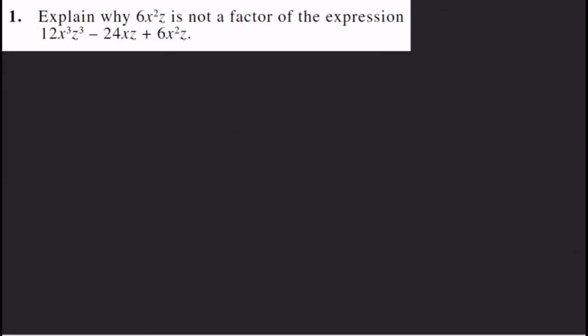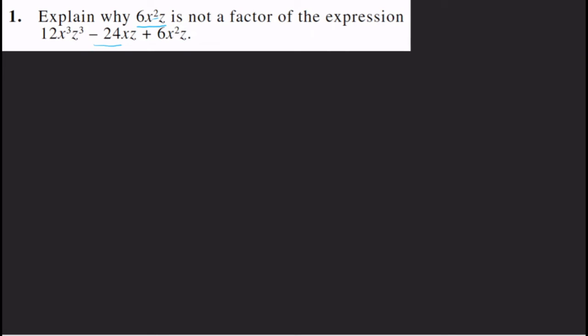Moving on to here, this one actually asks us to explain something. Explain why 6x squared z is not a factor of the expression given. So 6x squared z is a monomial. And remember, in order for a monomial to be a factor of an expression, it must be a factor of each term in the expression. Well, I look right here and I see 6x squared.